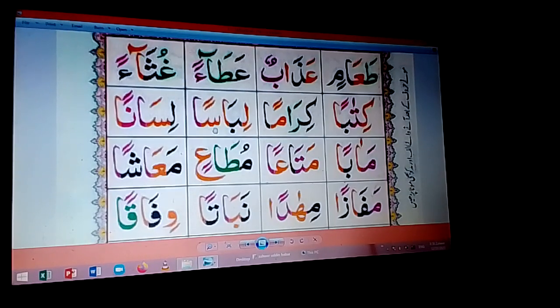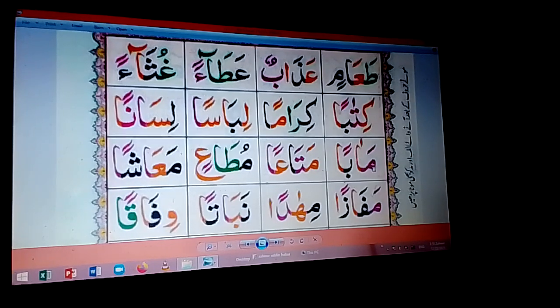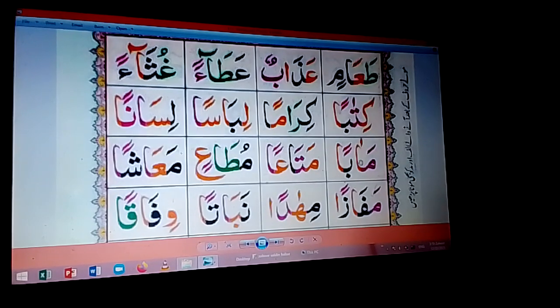Libasan. And next is lisanan. Next is ma'aban. So here alif and standing fatha both are here, because this standing fatha basically is for alif, not for meem. If we were supposed to make meem prolonged, then there would be only one sign, whether standing fatha or alif.